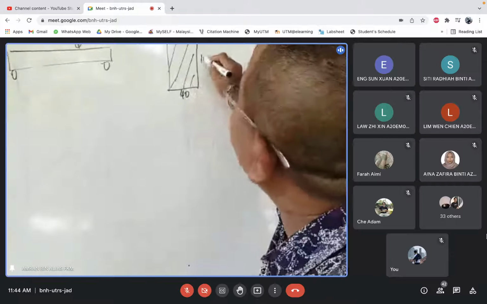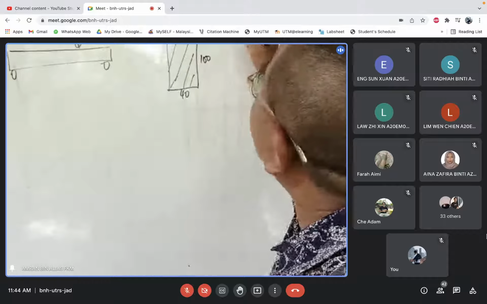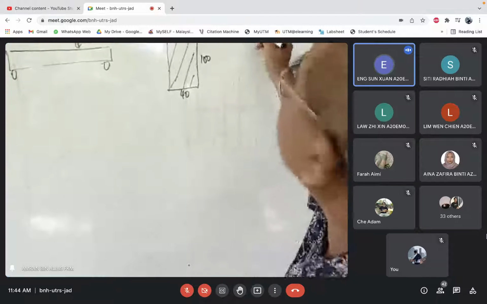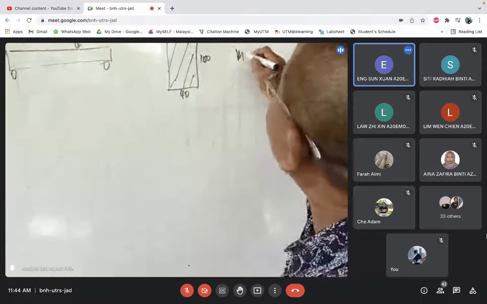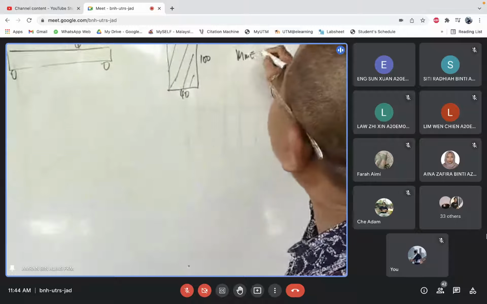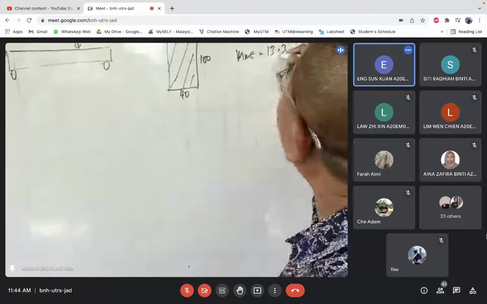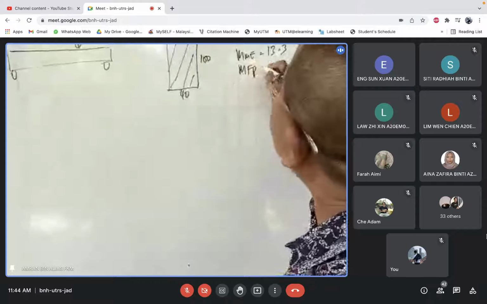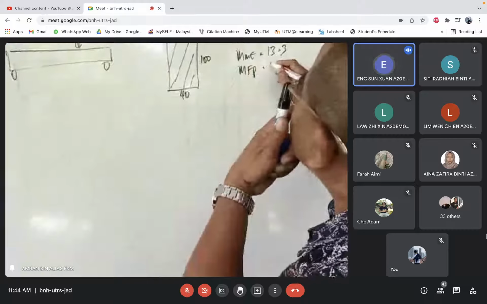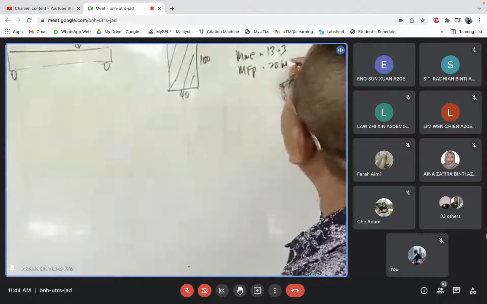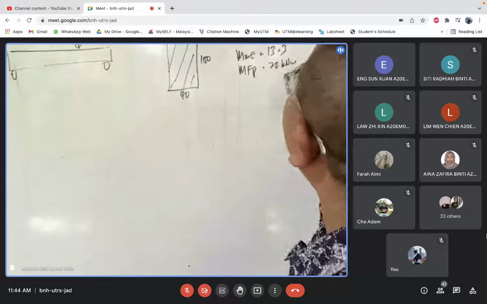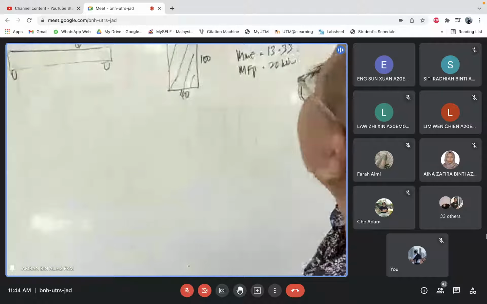Sigma y is equal to 200 megapascal. Moment maximum elastic is 13.3 kilonewton meter, and moment fully plastic is 20 kilonewton meter.